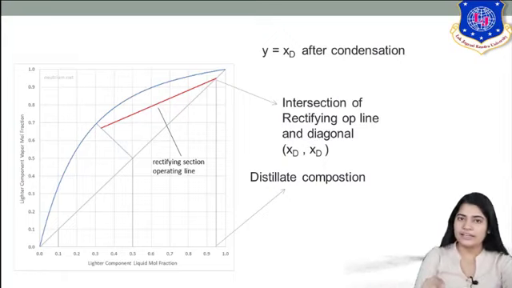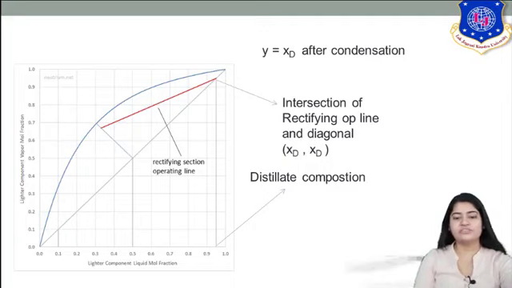So on diagonal you can see diagonal and the red line, operating line of rectifying section, they intersect. So that point of intersection is what? XD, XD. Okay. So at distillate composition you get your intersection point. Okay, so you can see at 0.95, that is your distillate composition and it is the point where your rectifying section, operating line and diagonal intersect.